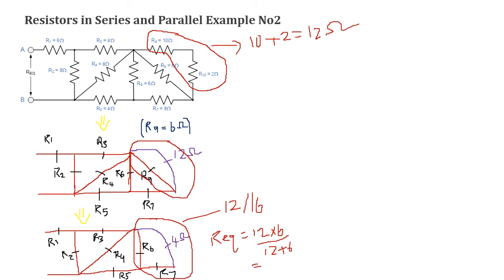Again that will be equal to 4 ohm. So we can replace this circuit by a single 4 ohm resistor. Then again I am going to redraw this circuit.